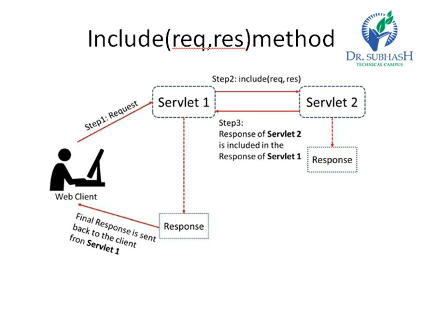It means servlet 2 is executed and its response is included in servlet 1's response. After executing all the tasks, servlet 1 sends the response to the web client. So the final response is sent back to the client from servlet 1.